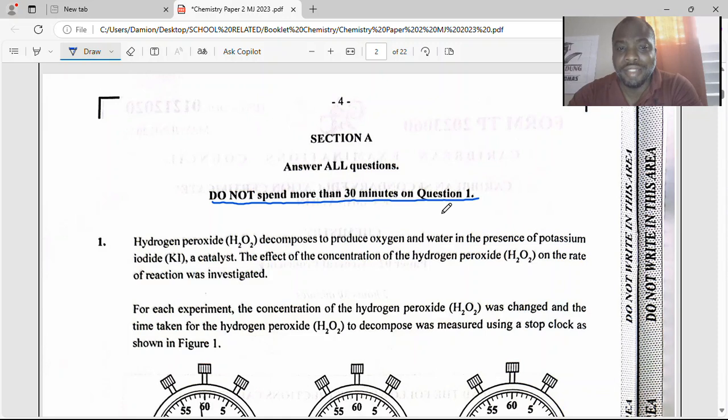So if you're in the exam, question one is usually a lab-based question. Question one usually involves you creating a graph. So the persons who are weak in that area, remember to practice your graph, how to find your scale and to plot your points. Very critical because the first question you'll do will require you to do that.